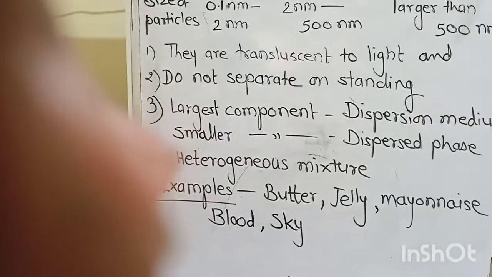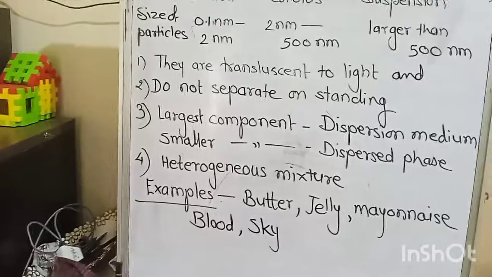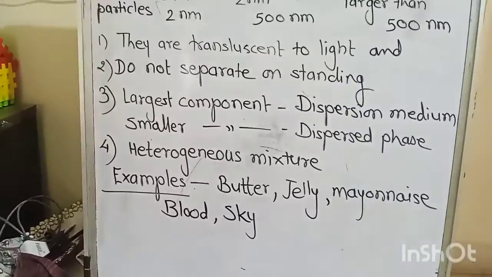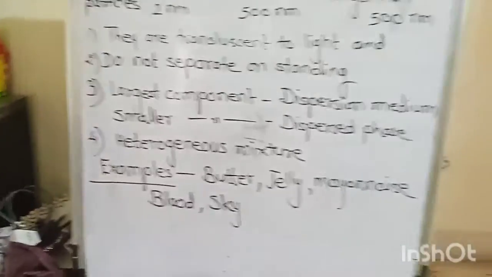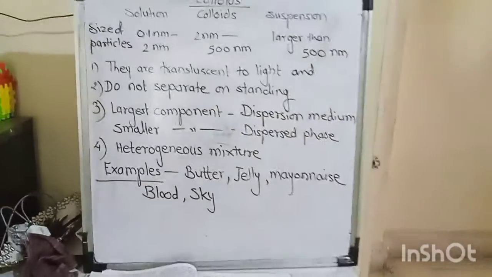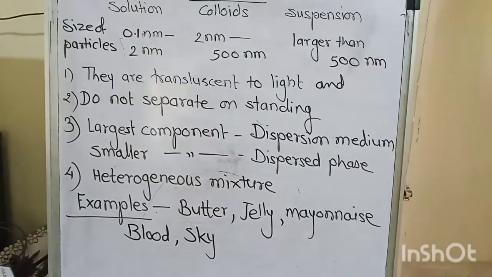So antibodies and plasma form a colloidal sol, whereas platelets and plasma form a suspension. So these are the examples.